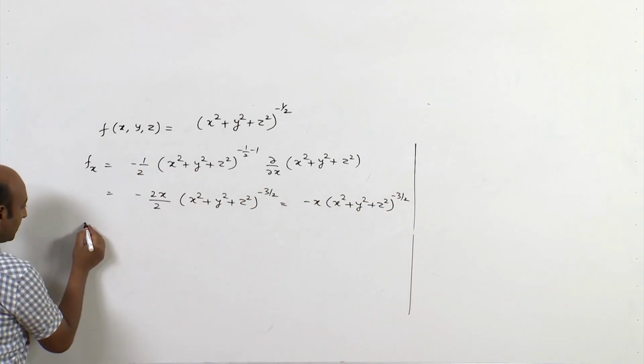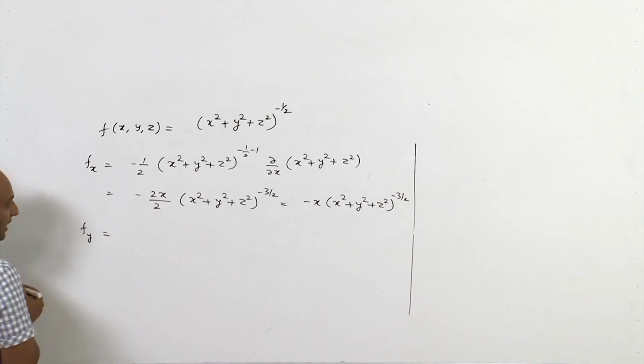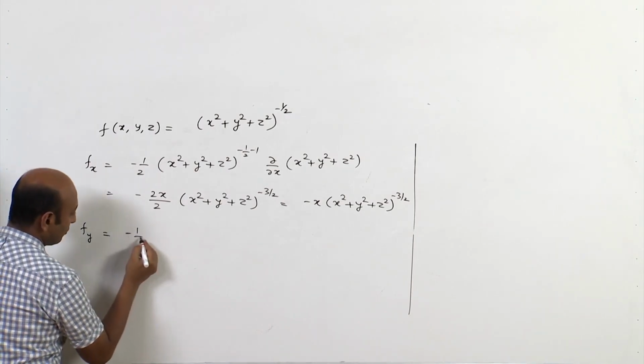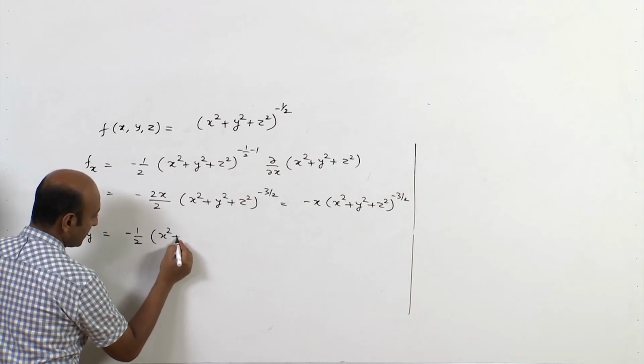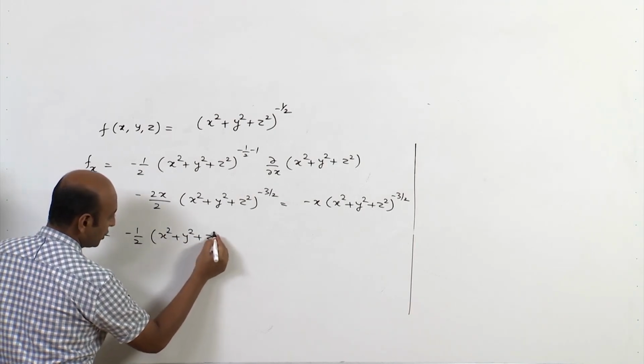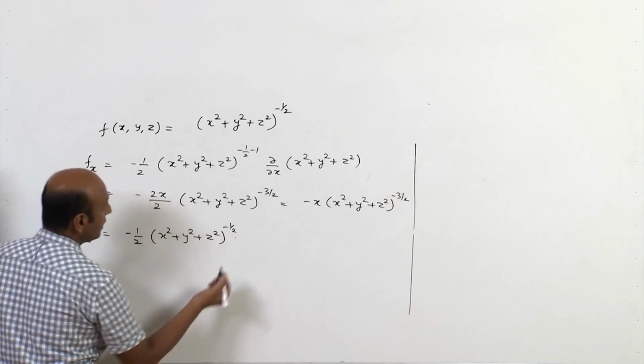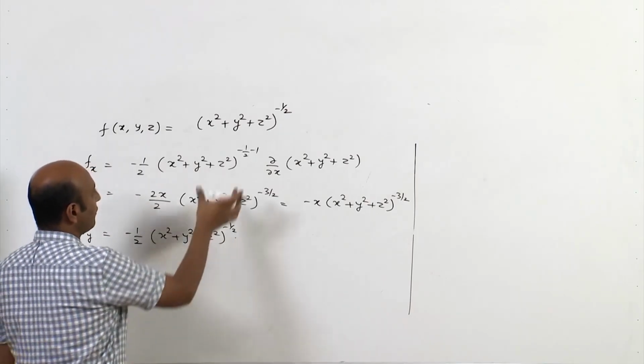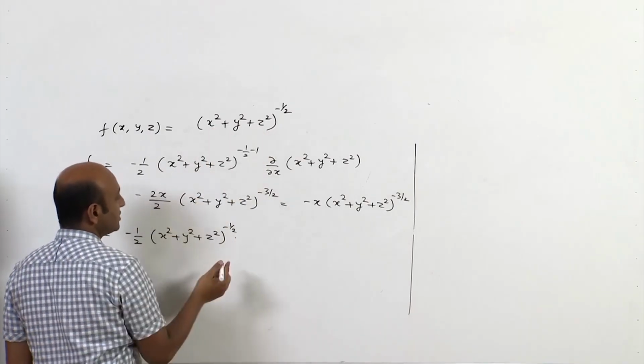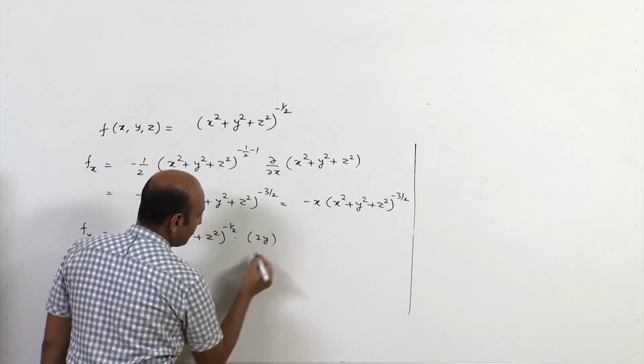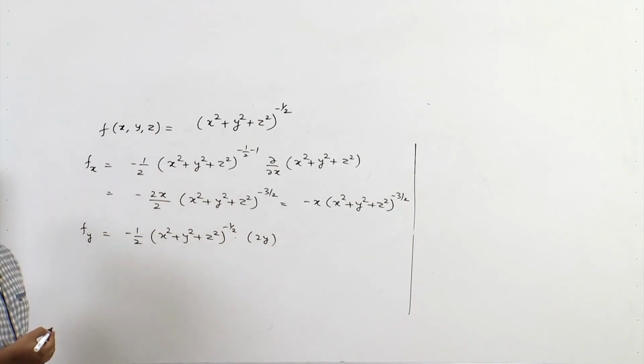Similarly, if you find del f upon del y, it is again minus 1 by 2 x square plus y square plus z square whole raised to power minus 3 by 2, and del by del y of this term, which is 2y, because x and z are independent of y.